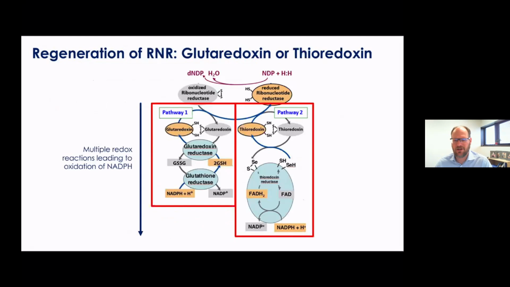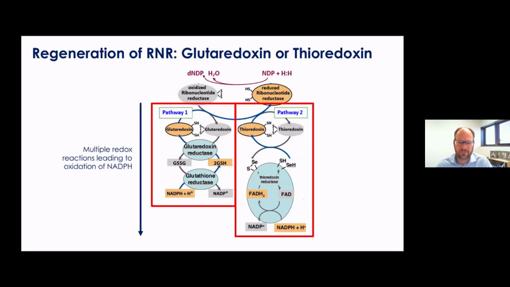Then the glutaredoxin has to get regenerated, and in pathway 1 that happens through glutathione reductase, with NADPH as a cofactor, coming from the PPP.